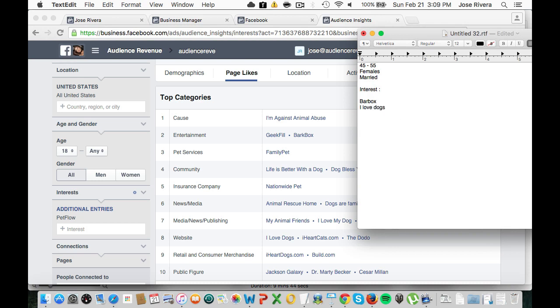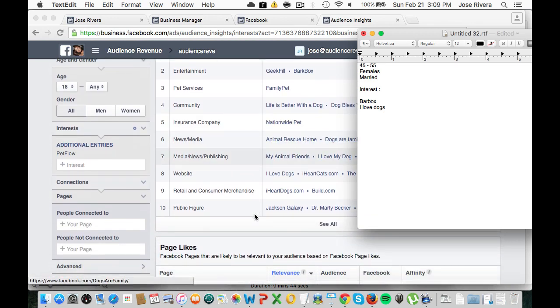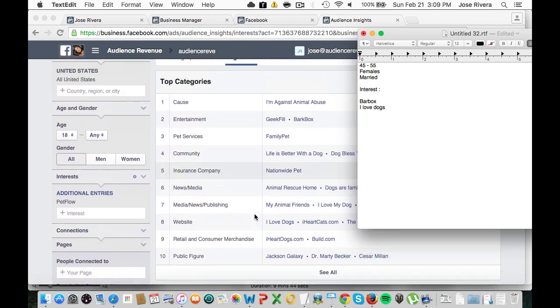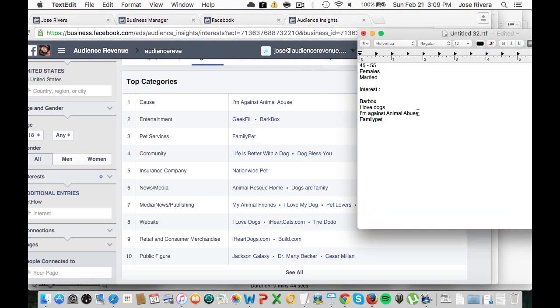I heart cats. No, because we're focusing on dogs only, dog products. So let's see. I love dogs. I'm against animal abuse. Family Pet. Let's see. Dogs are family.